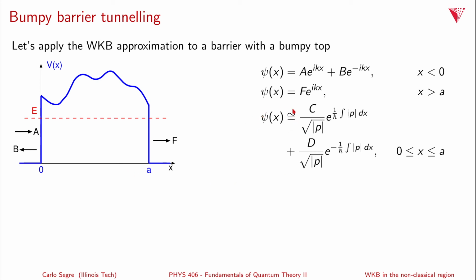And because of the approximation, we can write psi of x is approximately equal to a constant C over the square root of the absolute value of p, because the energy is below the potential there. Then you have e to the 1 over h bar, so it's a rising exponential, integral of absolute value of p dx, I've hidden the x dependence here, plus D divided by the square root of absolute value of p, e to the minus 1 over h bar integral of p of x dx.